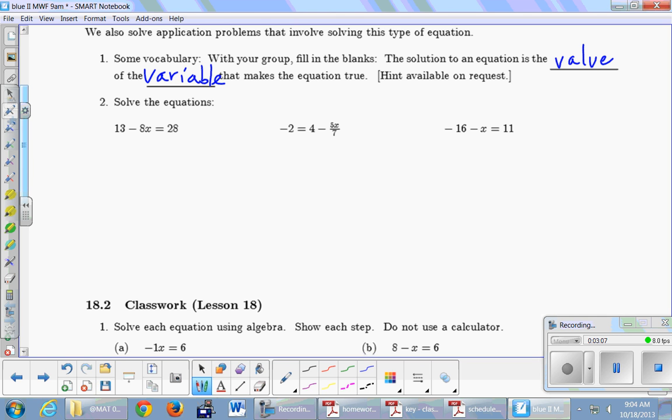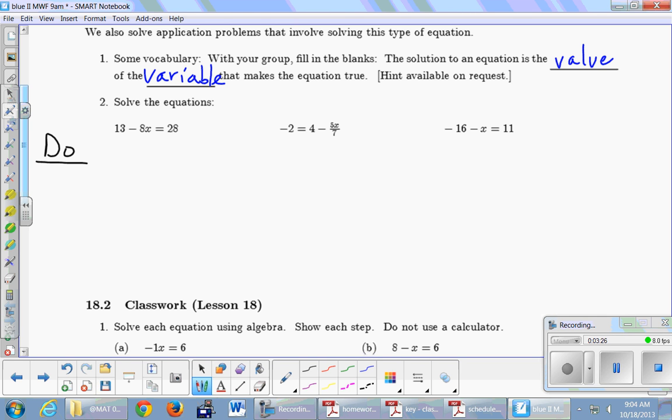Okay, so looking at this first equation, 13 minus 8x equals 28. I have a 13 to contend with, and I have a negative 8 to contend with. Which is the one that we need to move first? It's the 13, and I'm hoping we're clear on why it's the 13. If it helps you, go ahead and make that do list.